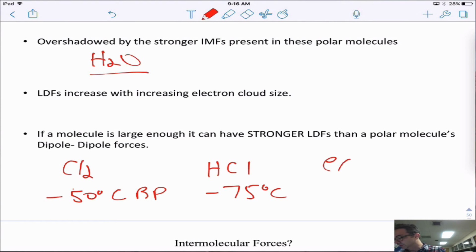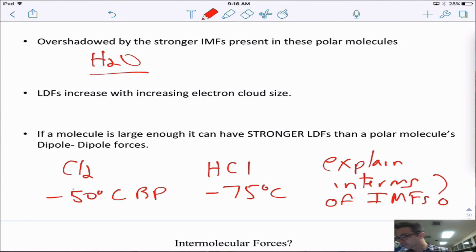And they ask you to explain this in terms of intermolecular forces. So I'm going to leave you with that question. See if you can come tomorrow to class with an explanation as to why Cl2 has a higher boiling point than HCl.